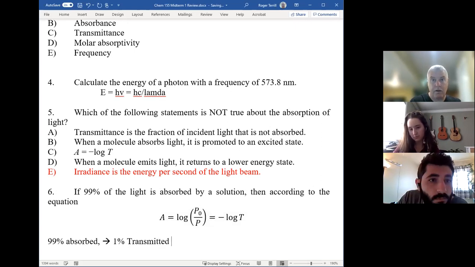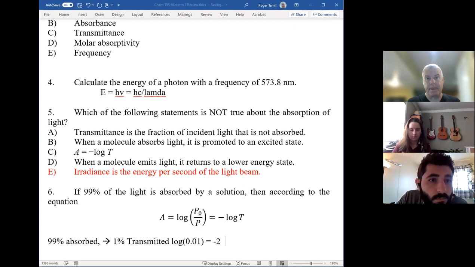Therefore, we're looking at the log of 0.01, right? Which equals minus 2.